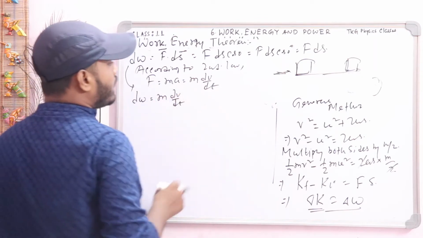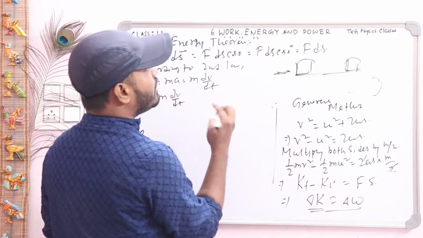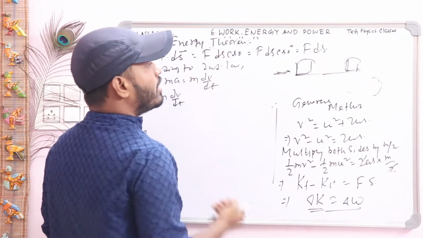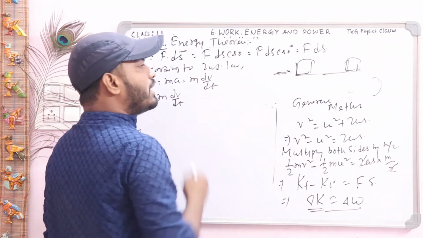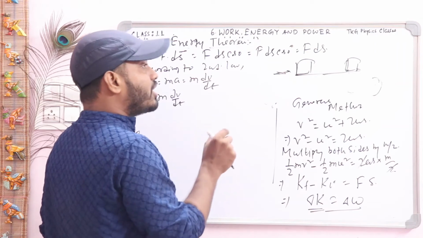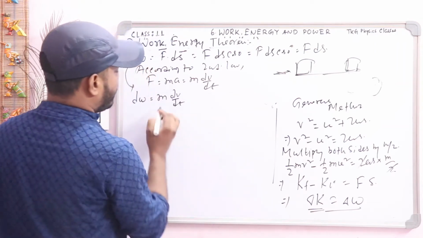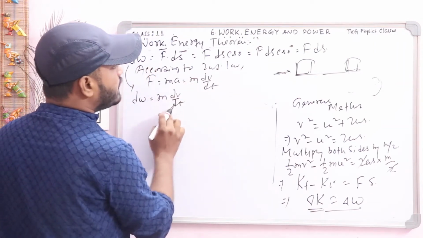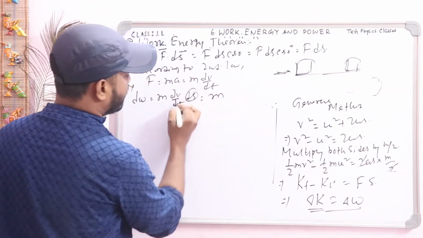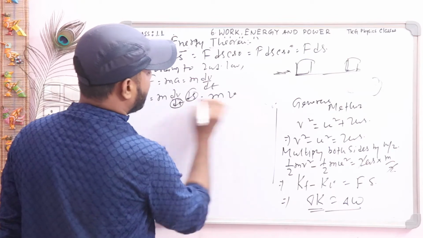Method is same. Here you have to use limit, that is u to v, lower limit u and upper limit v, and we already completed half mv square proved by calculus method, and there we used initial velocity 0. So F equal to m dv by dt, and this one is ds, so this one will be m, you see ds by dt, this value will be v, and there is dv.